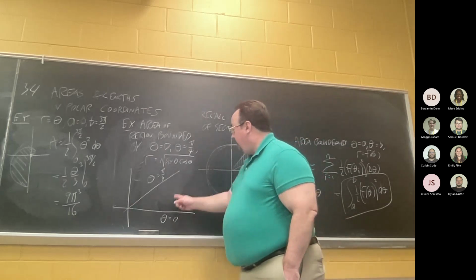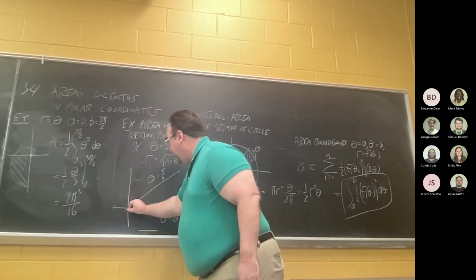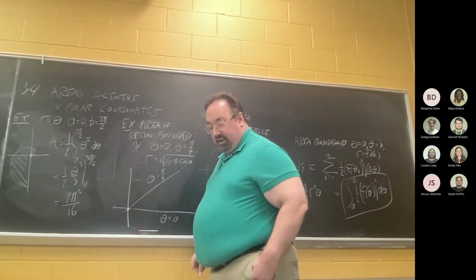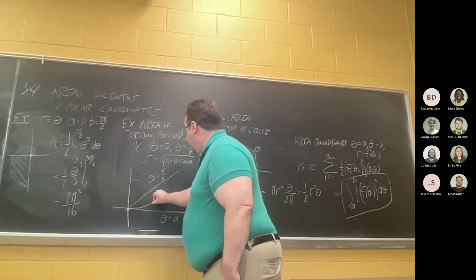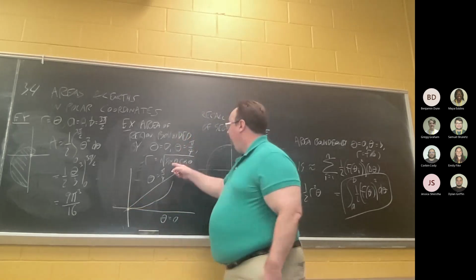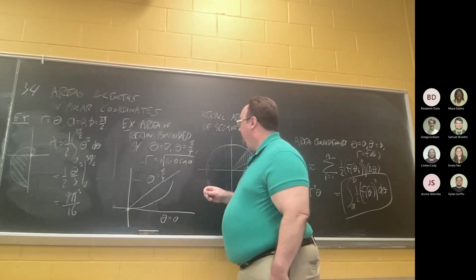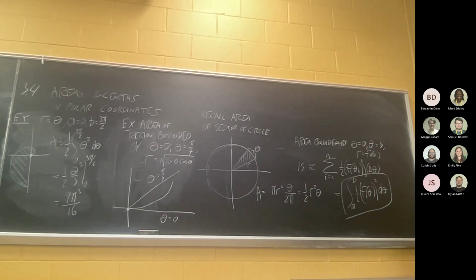So as theta sweeps from 0 to pi over 4, we start out at the origin at r equals 0. And then as theta increases, the distance from the origin increases until we get to theta equals pi over 4, where under the square root sign you're going to have 1/2.